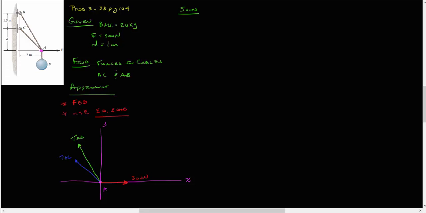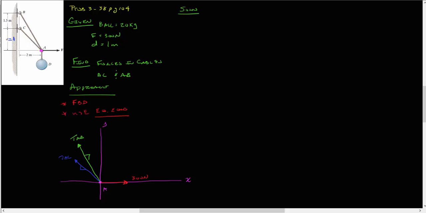So if we look at this, we're going to have to find angles for this. So I'm going to go ahead and use my values for slope. And so for tension AB, since this is 1, I can say that this is 2.5 over 2.